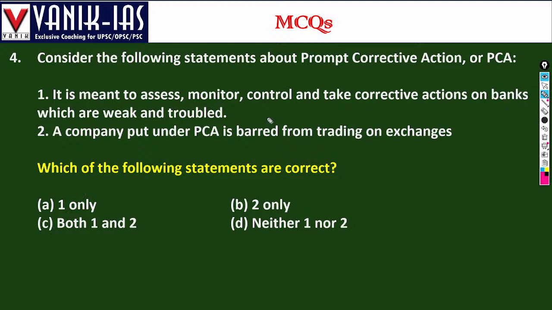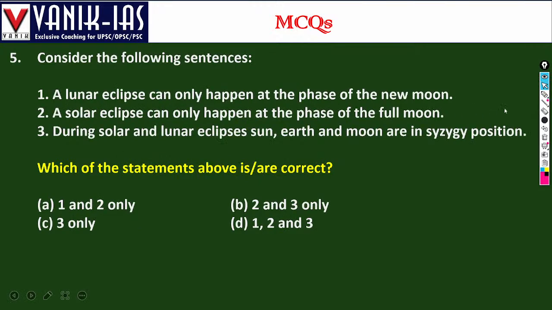Fine. Okay. Question number 5. A lunar eclipse can only happen at the phase of a new moon. Lunar eclipse is on full moon, not on new moon. So one is wrong. Solar eclipse takes place on new moon, but lunar eclipse is not on new moon, it is on the full moon.